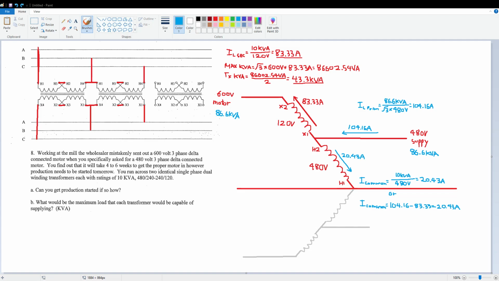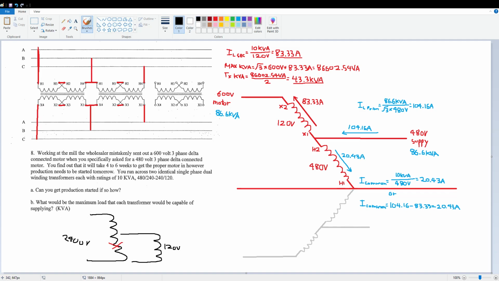I can explain why. I'm just going to draw this. So let's say you have an auto transformer here, and let's say this is 2400 volts, and I don't know, this is 120. You have an opening here.